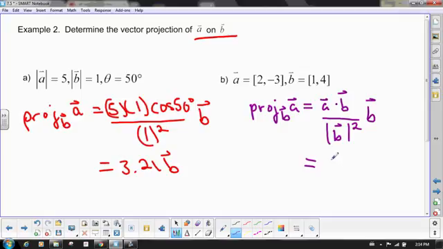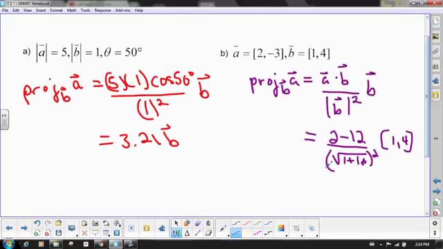So A dot B is going to give me 2 minus 12, over the magnitude of B, which is the square root of 1 plus 16, all squared, and vector B is 1 and 4. So this becomes -10 over 17 times 1, 4.